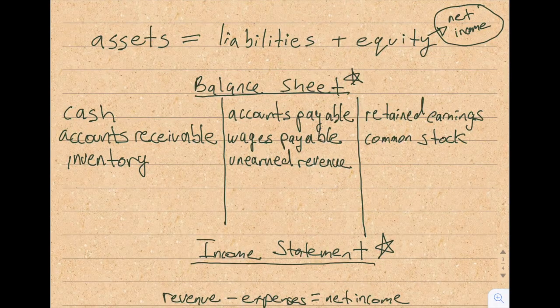Moving to the right side of the equation, the equal sign, we have liabilities. An example of a liability is accounts payable. Accounts payable is the exact opposite of accounts receivable because now, instead of being owed money, you owe the money because you've been provided goods or services and you haven't paid yet. Wages payable is similar. You, the business, owe your employees wages, but you haven't paid them yet for whatever reason.